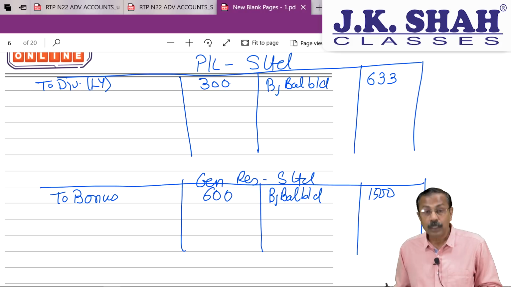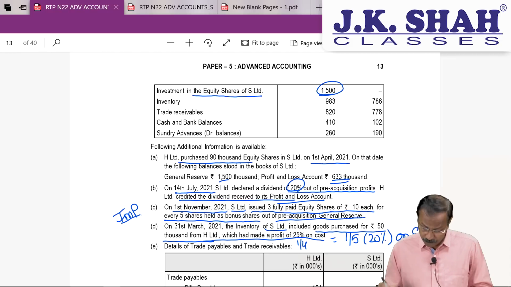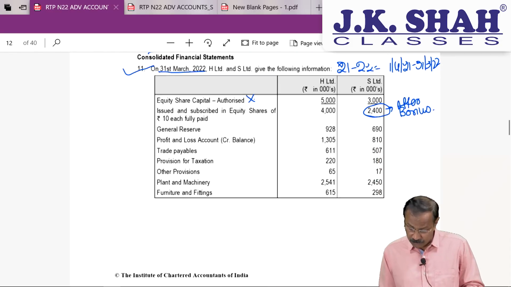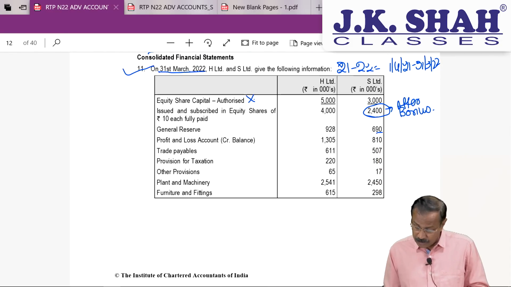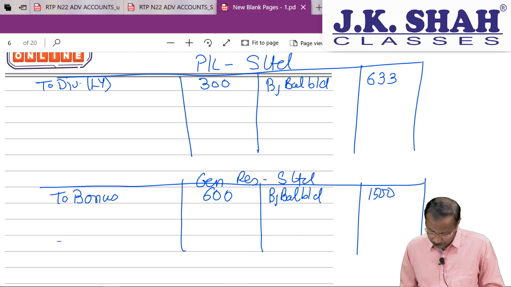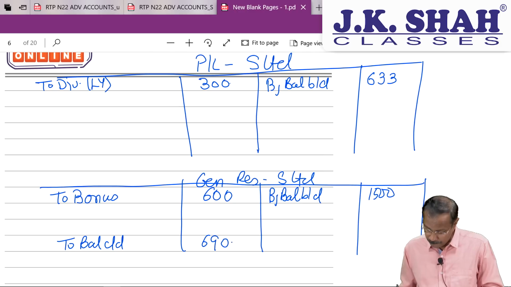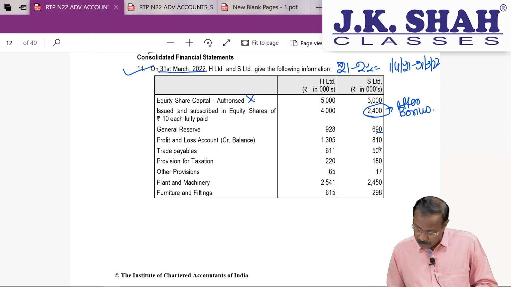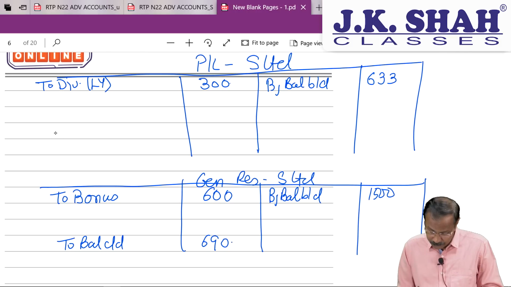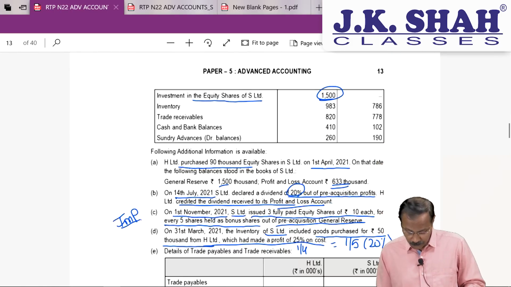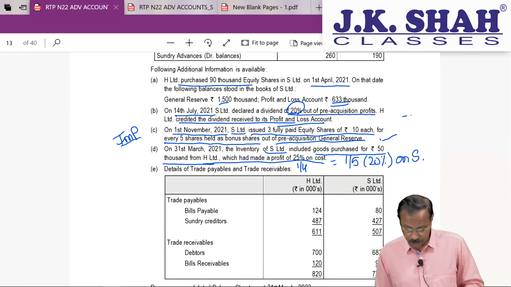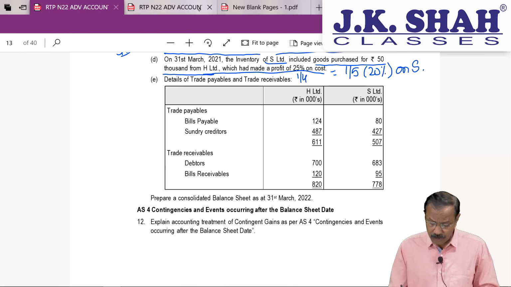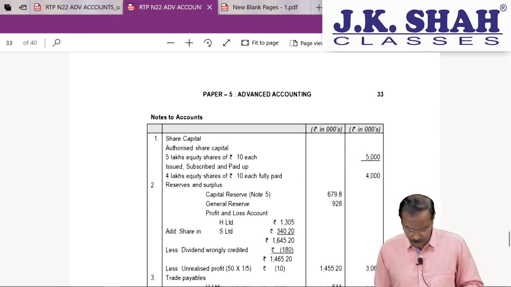Bonus was 600. What is the closing balance of reserve? General reserve. See, closing balance is 690. P&L closing balance is 810. So now what you're supposed to do is just analyze these figures one by one, remember.